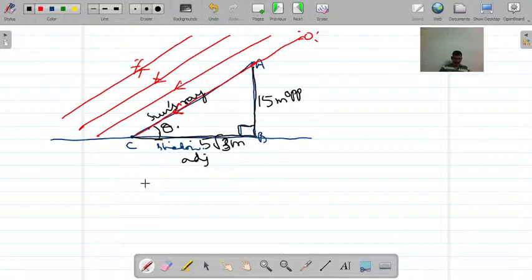What is the trigonometric ratio that you can use which is connecting opposite and adjacent?